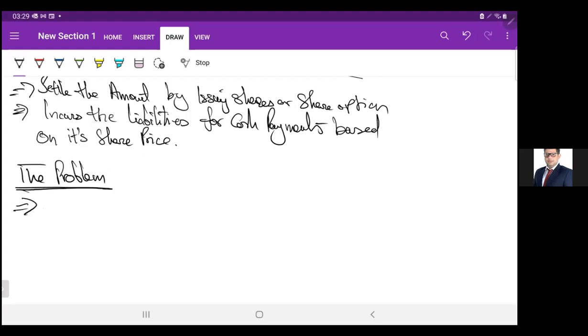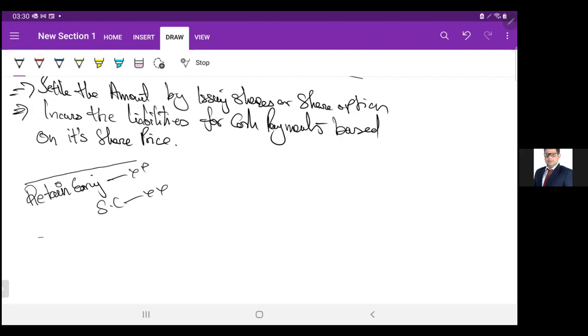Before this standard came, what they used to do, let me show you. They just showed the transaction in equity: retained earnings debit, share capital credit, right?